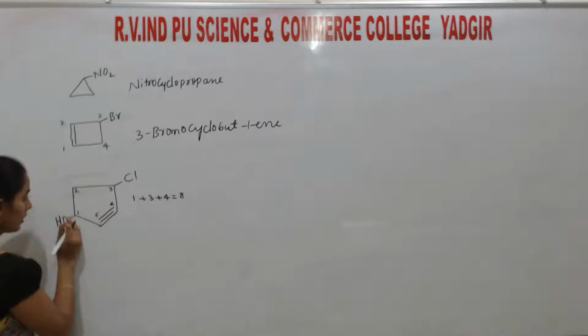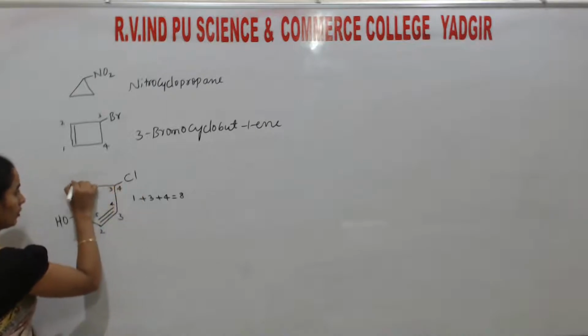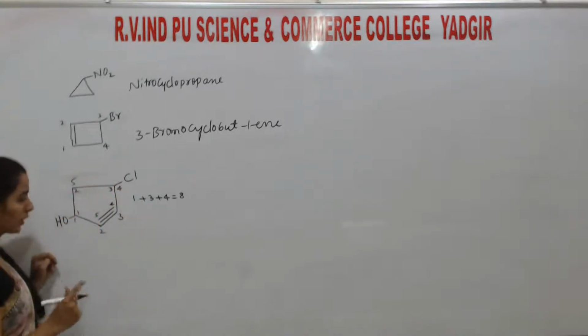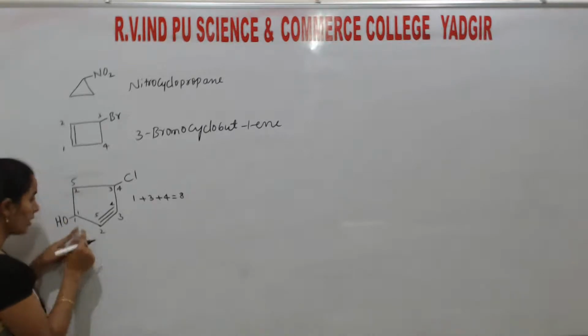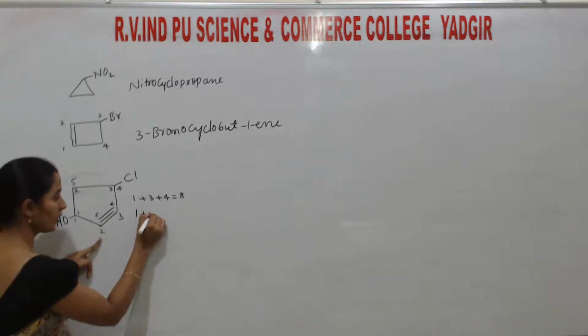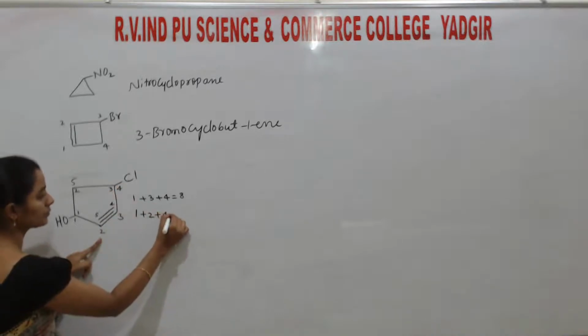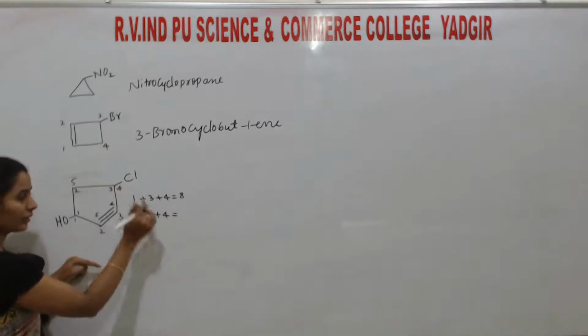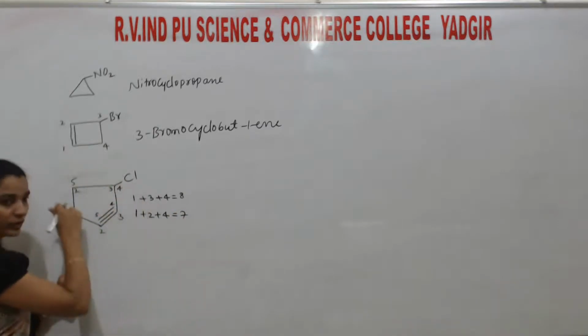Next this one 1, 2, 3, 4, 5. This is the correct. Remember, always the first position is for alcohol only because it is the prior group. At first carbon atom OH, at second carbon atom this, and at fourth carbon atom this here. Then it is 4 plus 2 plus 1, 7. So this is the correct way of numbering.